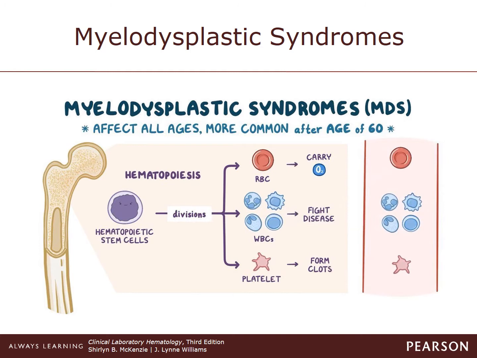What's common to all MDSs is a progressive cytopenia in at least one of the cell lines, despite a cellular bone marrow, and dyspoiesis in one or more of the cell lines. The median age is 60 and above. It can affect people of all ages, but that is very rare.